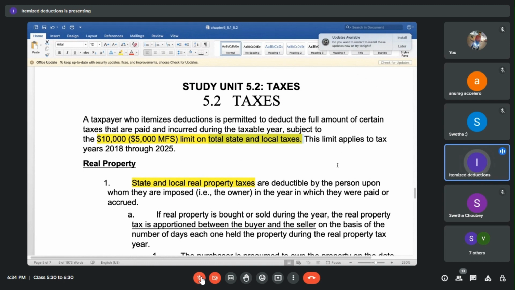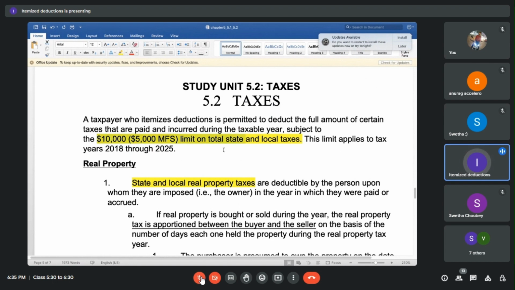It used to be so nice earlier when they were able to take a deduction for all $50,000 paid to California. But from year 2018 through 2025, what IRS did is they reduced that limit.